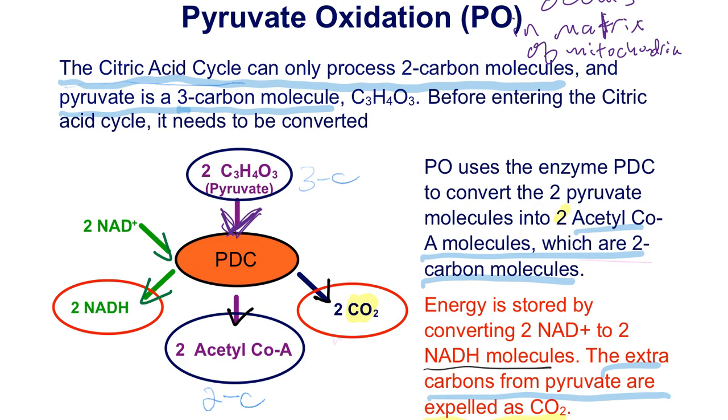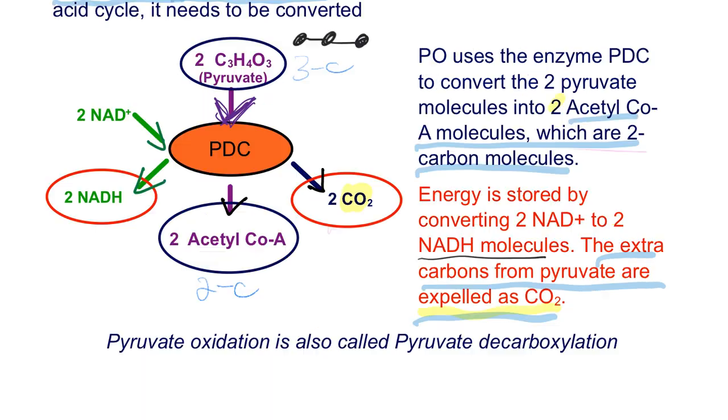Okay, let's summarize the second stage, the PO stage, PVA oxidation. Basically, remember we have 2 pyruvate molecules with 3 carbons each. I'll just draw one of them.